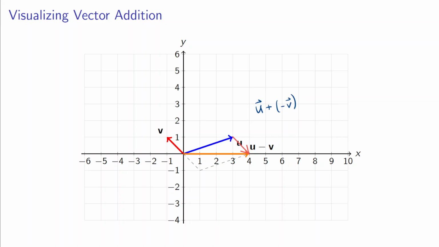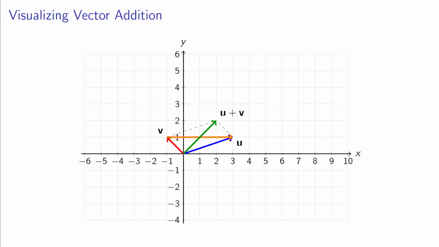So we have our vector u, and then we have our vector minus v that we're combining here. So here's u, here's the vector minus v, and those come together to give us the vector u minus v. Another way we can visualize this is if we shift it, so instead of starting at the origin, it starts at the end point of v, then build that same parallelogram we had before.